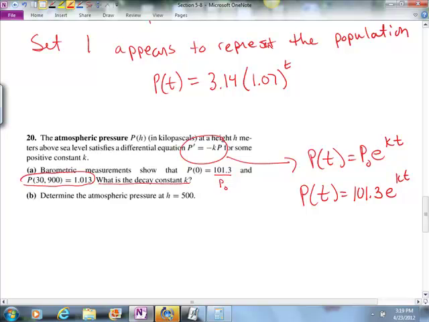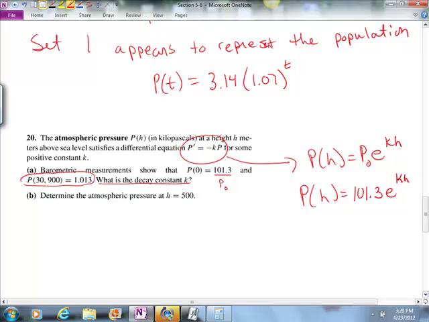They say P of 30,900 is equal to 1.013. And in this case, instead of P of t, I should have put P of h, because they're talking about a height above sea level. So I'll just put h's wherever the t's are, but it's still this exponential rate.